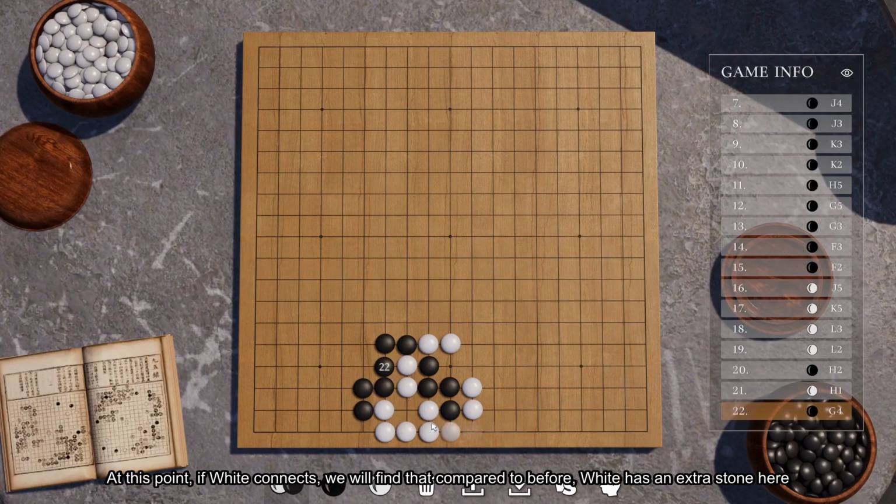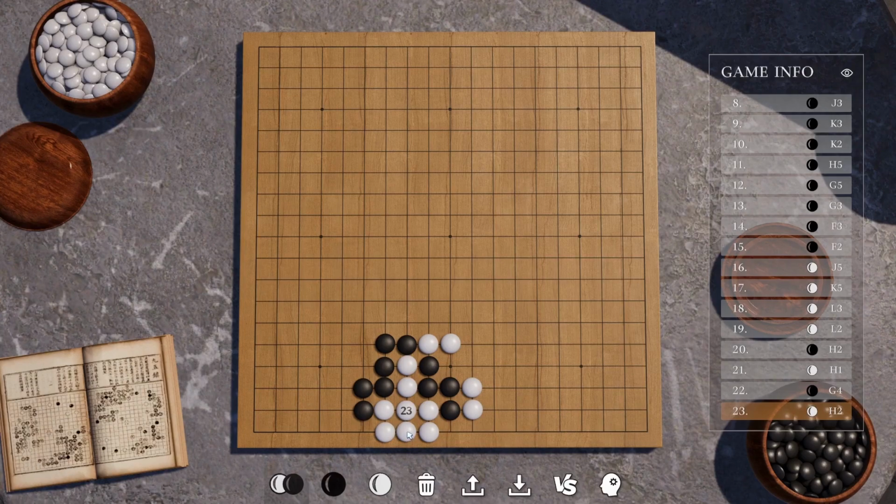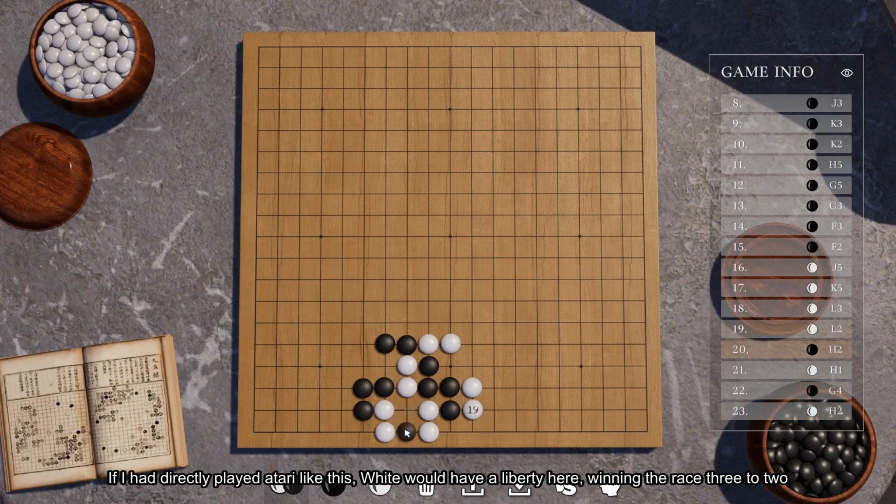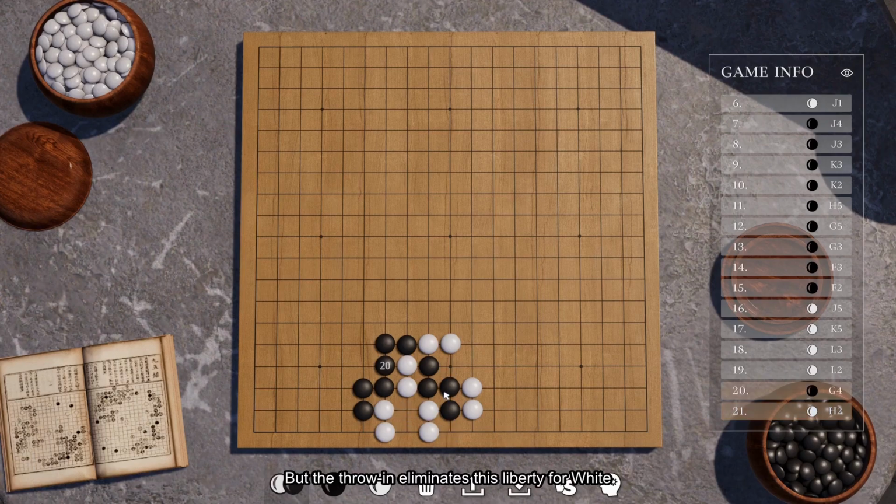At this point, if white connects, we will find that, compared to before, white has an extra stone here. This stone reduces white's own liberties, eliminating one of its liberties. If I had directly played Atari like this, white would have a liberty here, winning the race 3-2. But the throw-in eliminates this liberty for white.